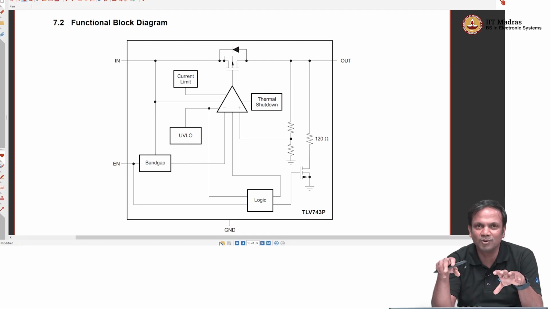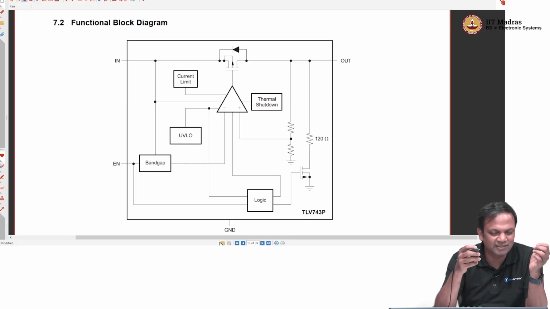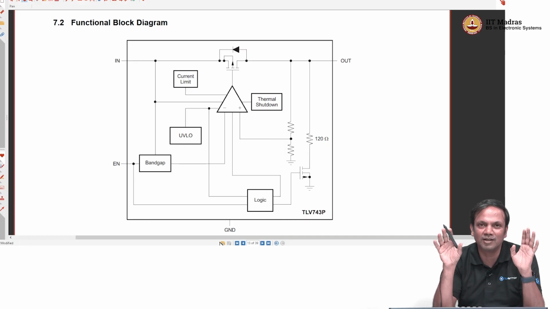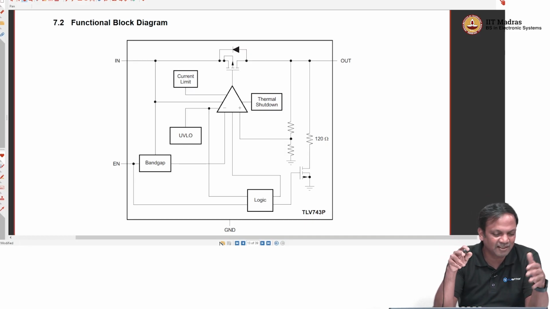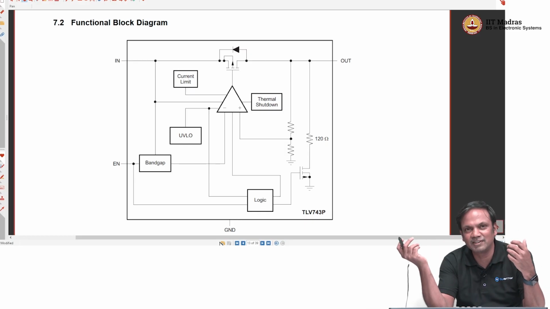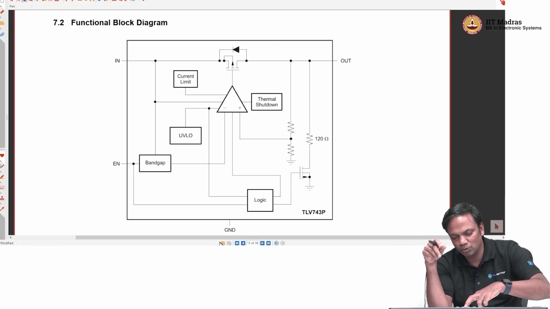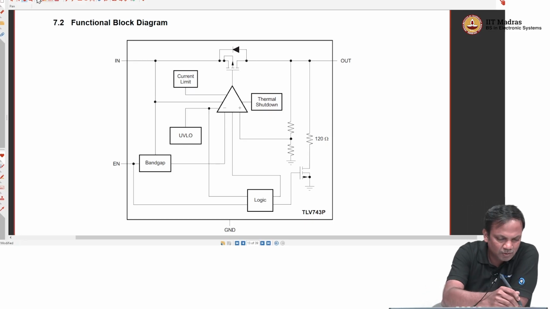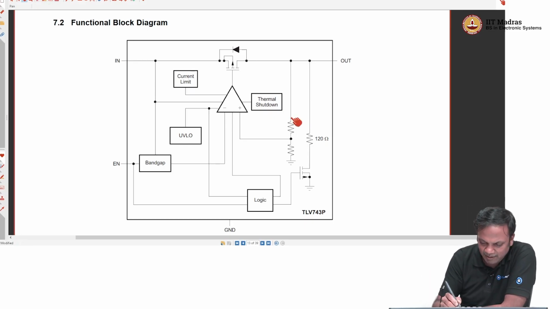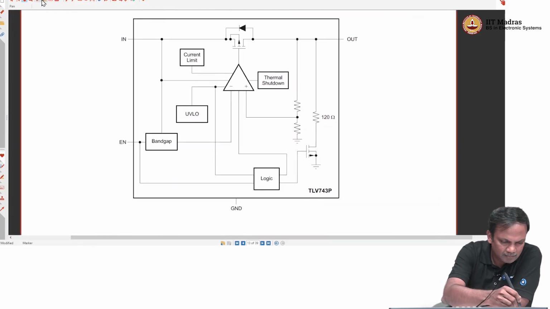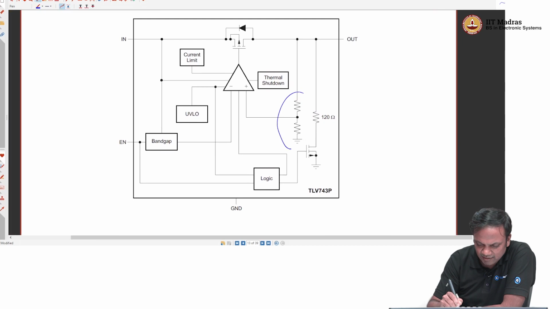So, if you buy the 7433 for example, the 7433 is a fixed 3.3 volt output LDO. They have a different 7410, they have a different 7418, which is 1.0, 1.8 volts, so on and so forth, right. So, this feedback resistor here, these resistors are fixed, cannot be programmed.